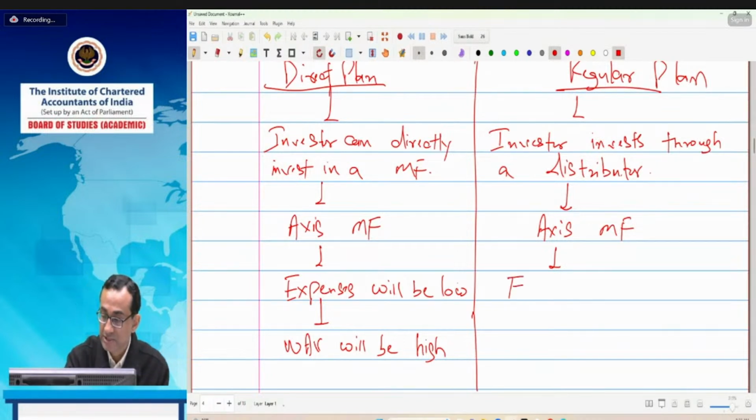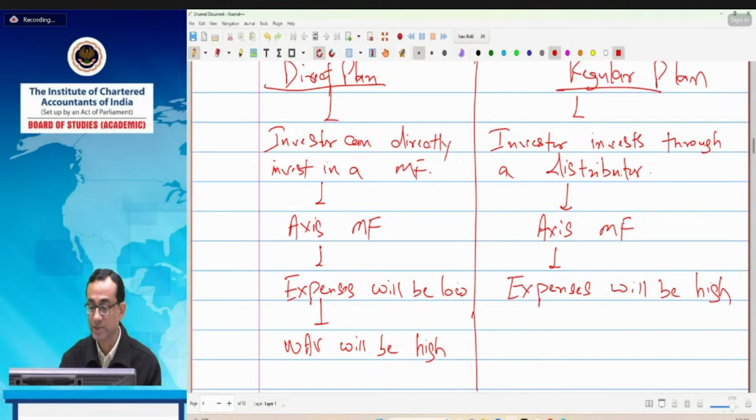That is, expenses will be high if one invests through the regular plan. Expenses will be high. Why? What is the reason why expenses will be high? Because the mutual fund has to pay the distributors also.